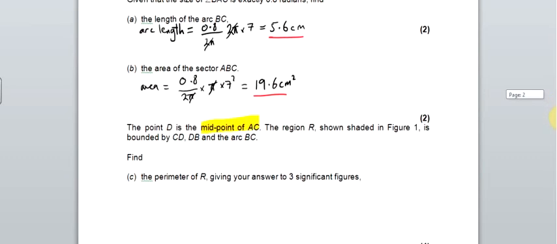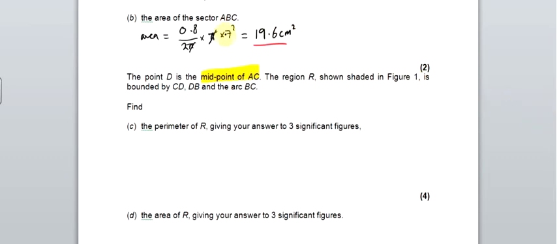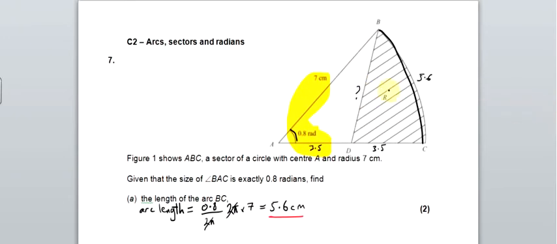So let's work out the length of DB, I believe it was. So length of DB. Cosine rule, so a squared is equal to b squared plus c squared minus 2bc cos A. And just remember that the b, c and a in the cosine rule do not necessarily match up to the b, c and a in your picture.